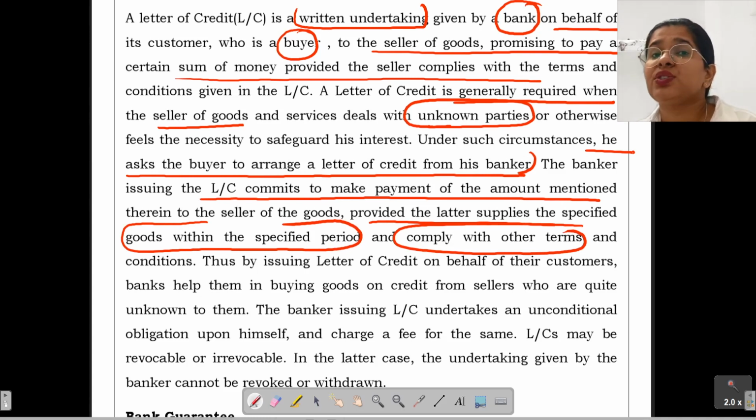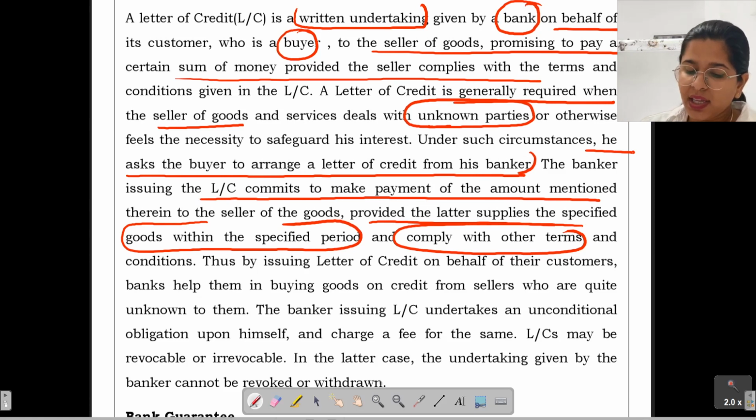So if there is no fault by the seller, ठीक है, seller की तरफ से कोई भी fault नहीं है, he has supplied the requisite quality of goods at the requisite time, right, as well as all the conditions etc. they have been fulfilled, then in that case the seller is authorized to have the payment, and if the buyer does not make it, then the bank is going to make it, right?